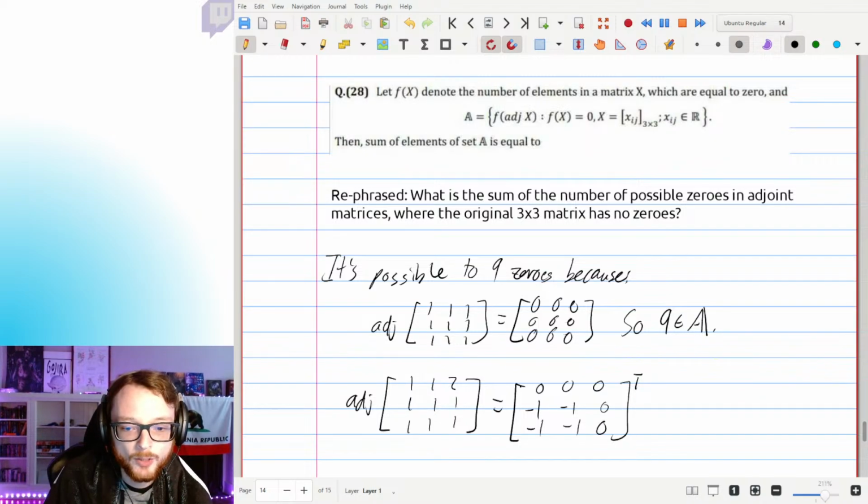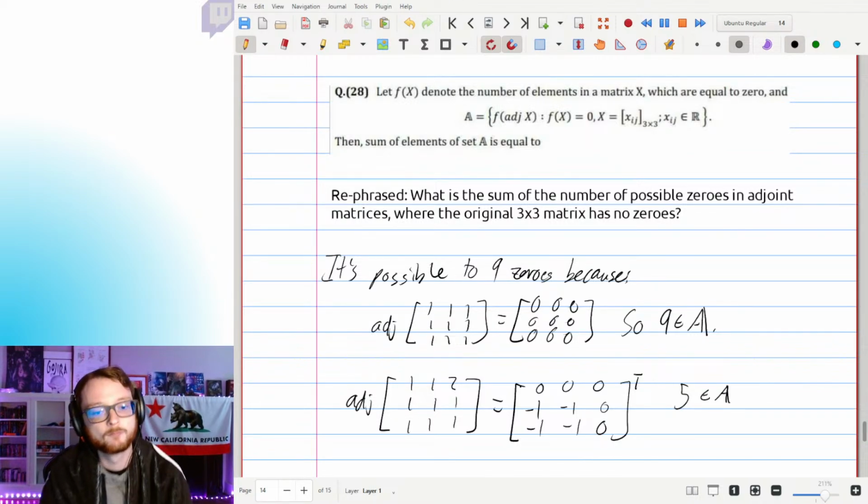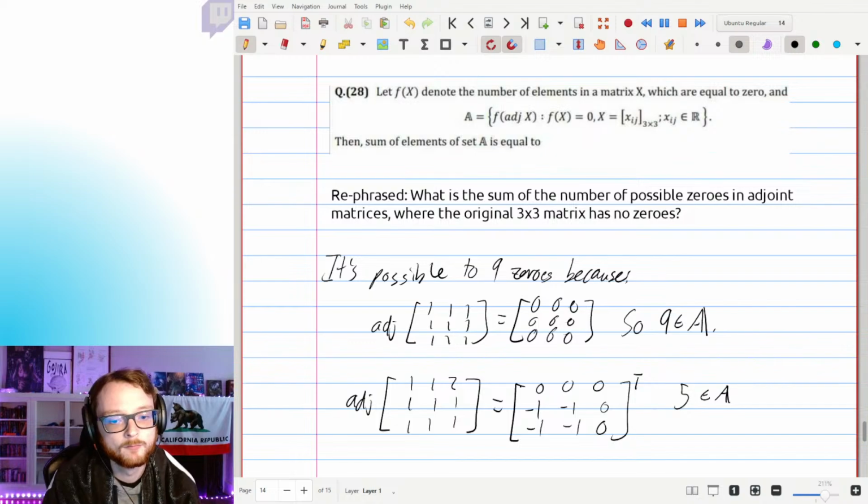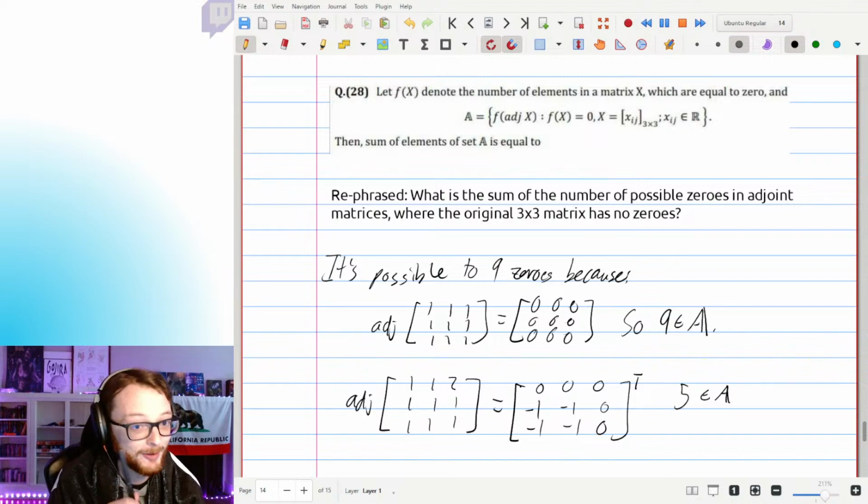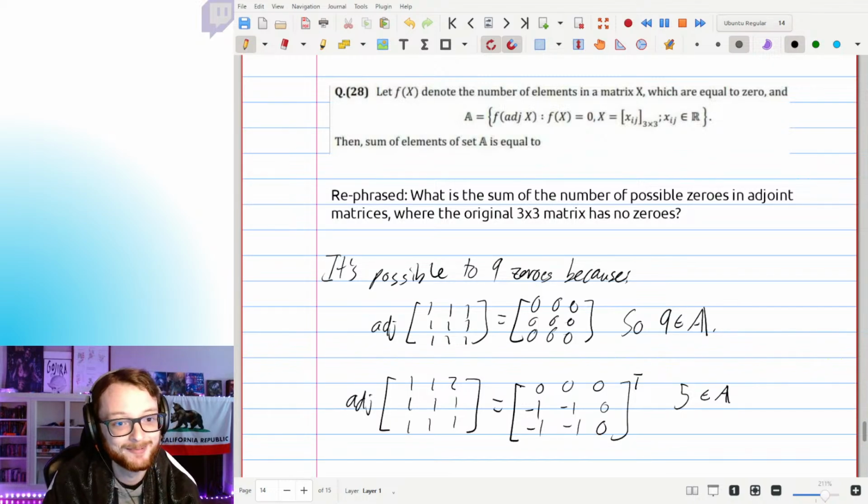So I just constructed a case with 5 zeros. We don't have to care about zero zeros because that doesn't affect the sum of the elements.